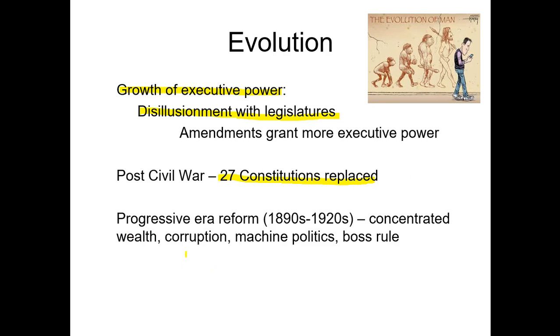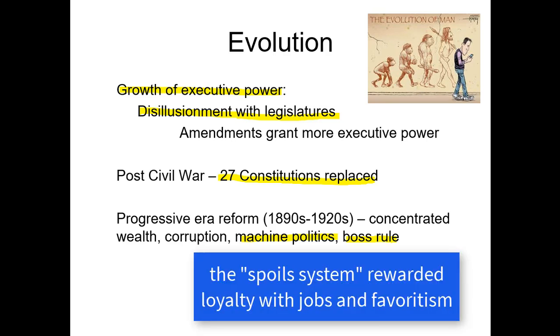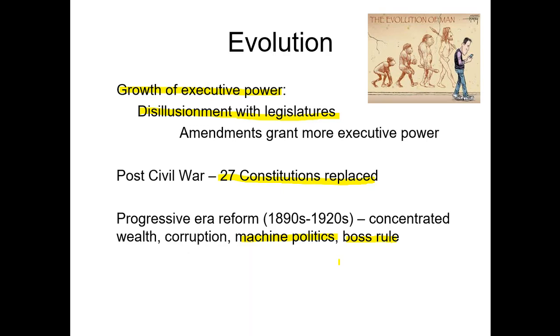This was partly a result of the Industrial Revolution, in which we had an enormous amount of technological and economic development, but of course there was also a lot of concentrated wealth, corruption, machine politics, and boss rule, where clientelism, patronage, and the spoils system were in full swing. So the Progressive Era was pushing back against that to give more power back to the people.